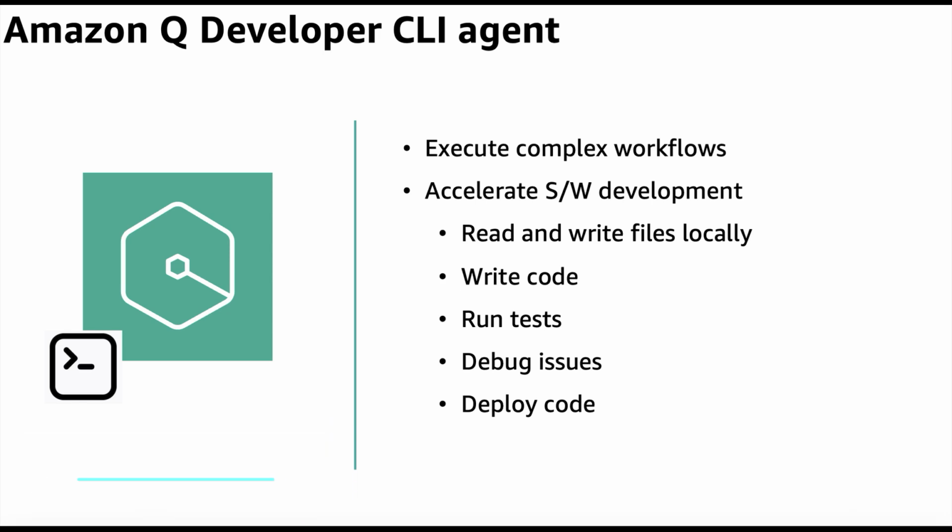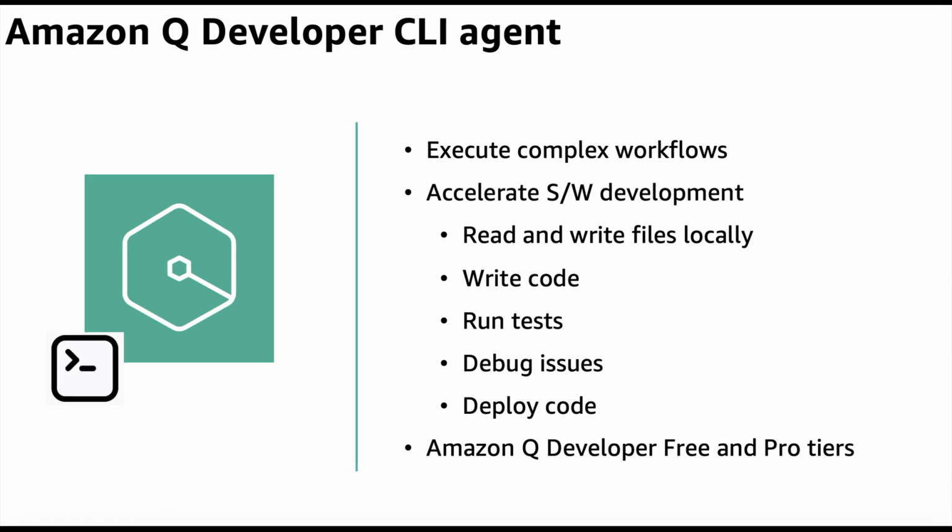This allows you to efficiently complete tasks, improving and streamlining the development process without needing to leave your terminal. The enhanced CLI agent is available on Amazon Q Developer Free and Pro tiers and in all AWS regions where Q Developer is available.